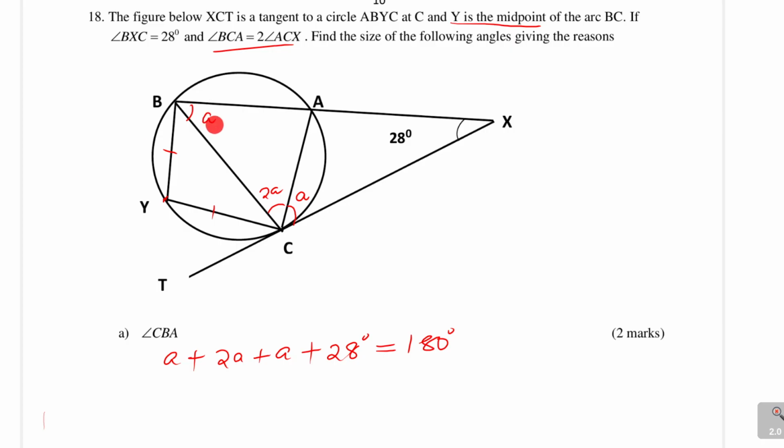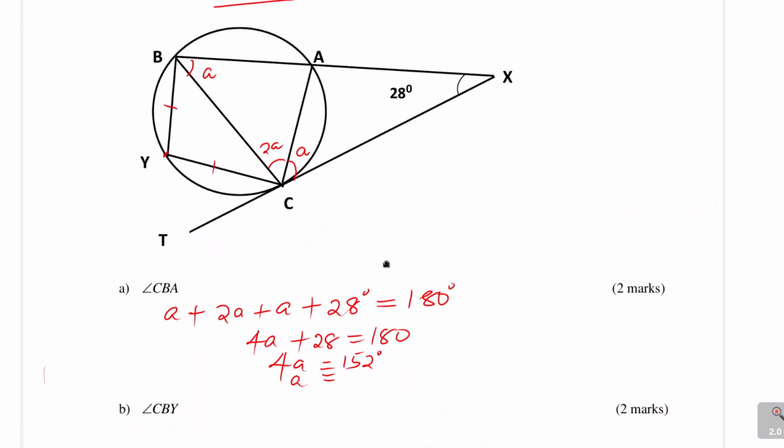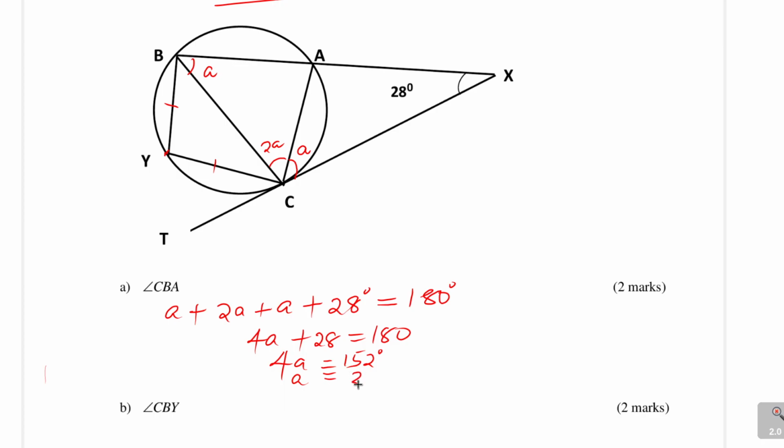So 4A plus 28 is equal to 180. Here 4A is equal to 152, if you take 28 to the right-hand side. Dividing both sides by 4, 152 divided by 4 gives 38 degrees. Therefore this angle is 38.